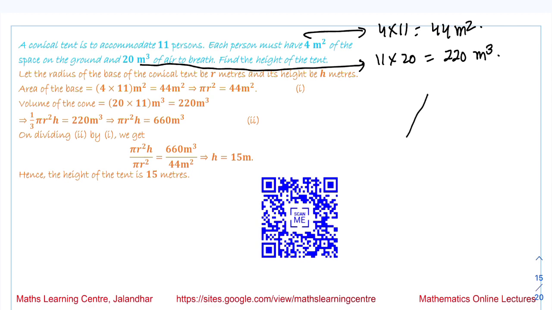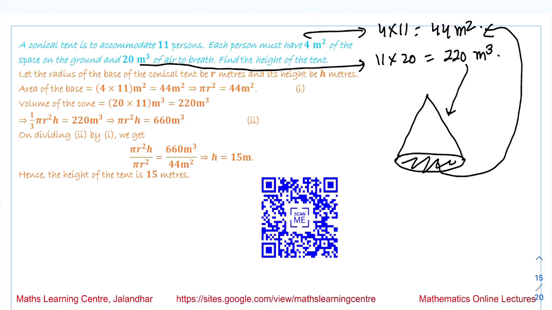So we have to find the height of this tent, for which the base area is 44 meter square and volume is 220 meter cube.